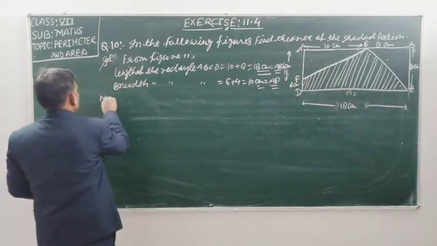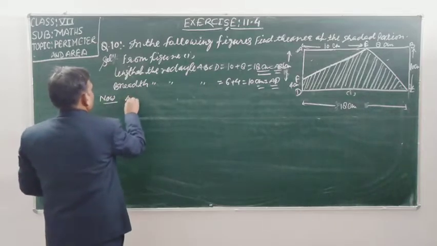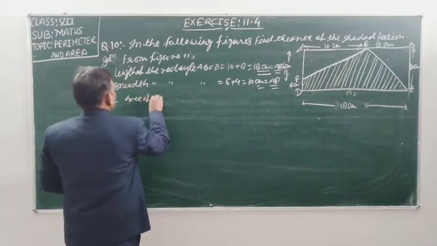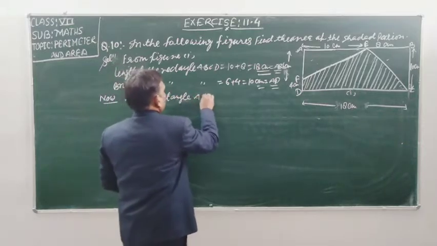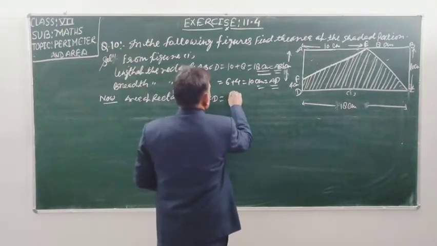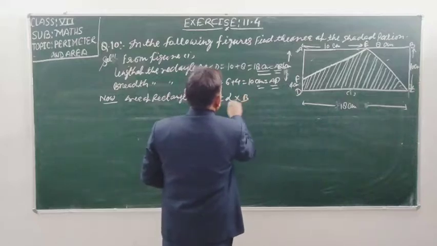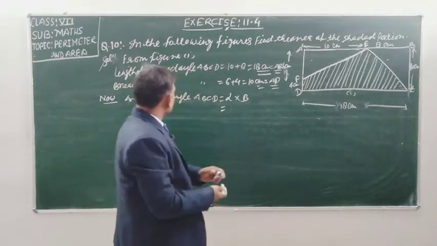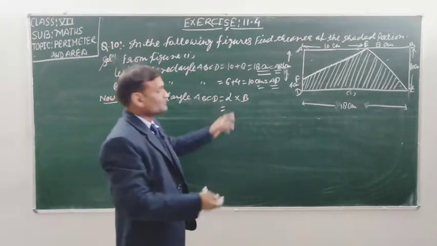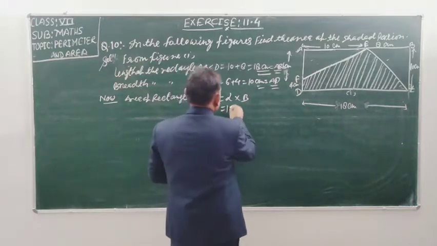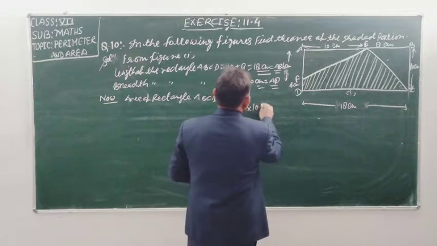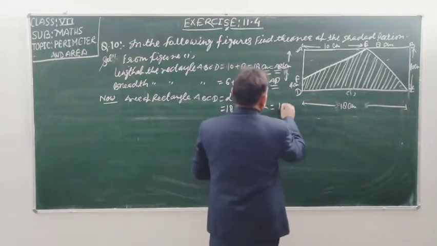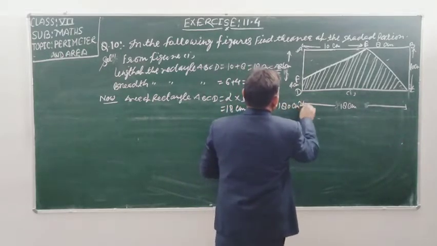Area of rectangle ABCD is equal to length into breadth. You know how to find the area of a rectangle? Length into breadth. So the length is 18 centimeter into the breadth 10 centimeter, which is equal to 180 centimeter square.